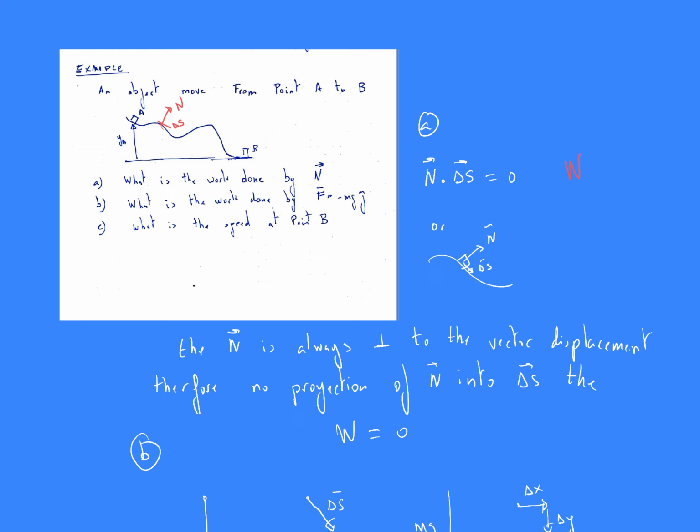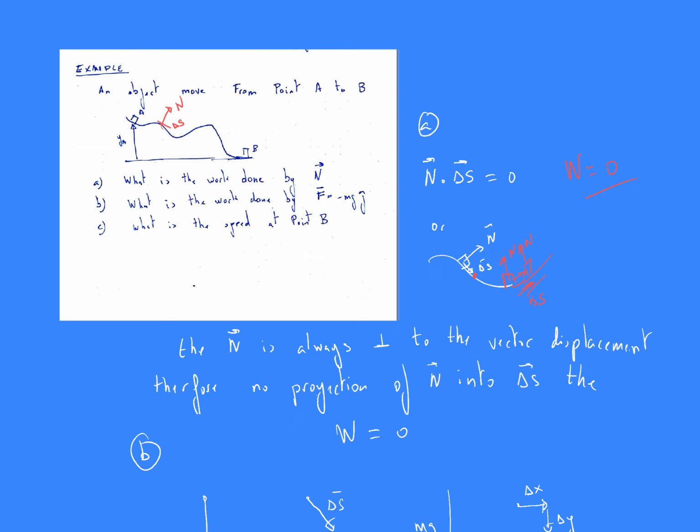So the work will be 0. The work in going from here, the normal force N, to here will be 0 because the normal force is perpendicular to the displacement. So there is no work.